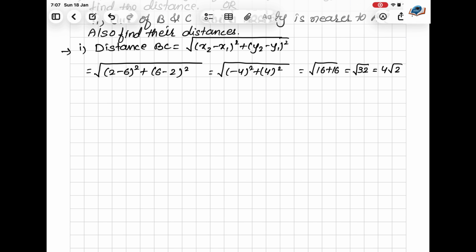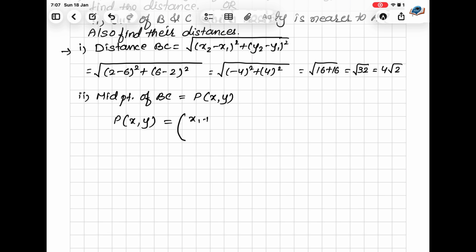Now coming to the second one, he has asked me to find midpoint of BC, where both of them will be doing the party. So let me say that point is P(x, y). So now midpoint formula I have to use. So P(x, y) equal to ((x1 plus x2) upon 2, (y1 plus y2) upon 2).